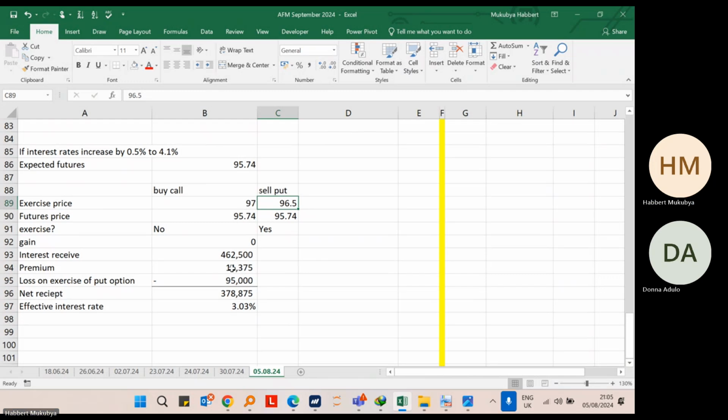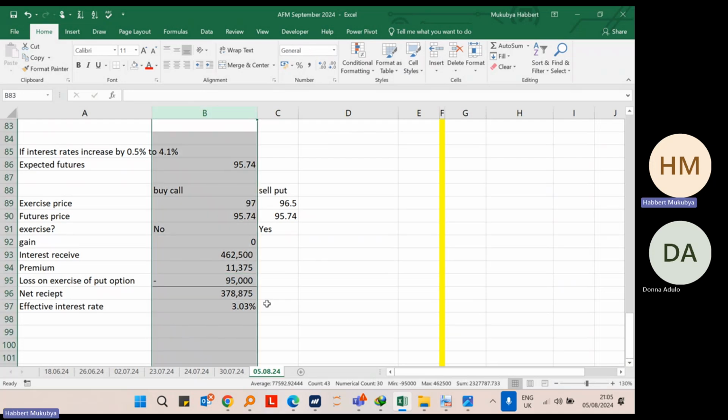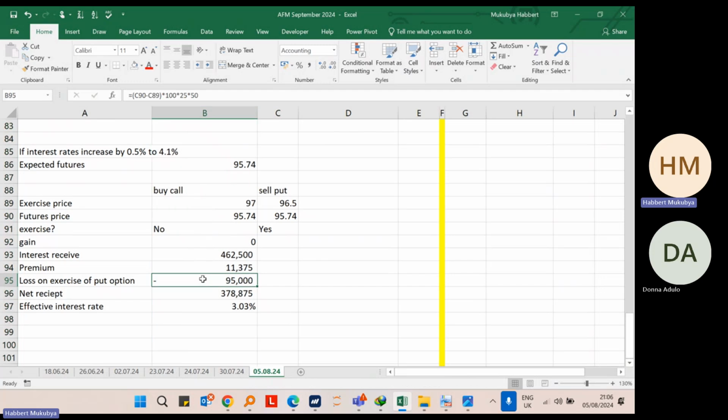So when the exercise is for us, we have to pay out this money. Remember, we are looking at our side, and the transaction that we are looking at is the call itself. Just that the put helped us to reduce the premium, but it also has the effect that we are going to incur some money in case of exercise. So that's why we put it on this side.